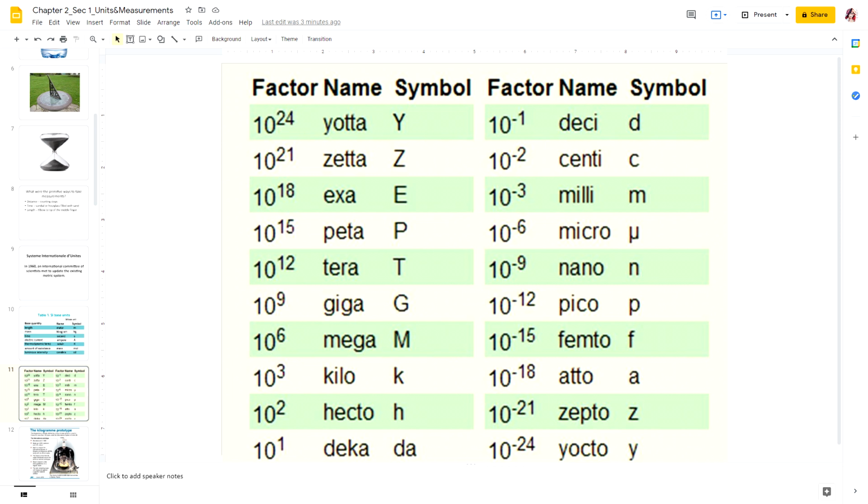So let's say, for example, 10 to the 24th would be yotta, capital Y, 10 to the 21st, zetta, Z, 10 to the 18th, exa, E, and so on and so forth. So that's arranged from the biggest to the smallest, yocto being the smallest, 10 to the negative 24th, with the symbol small letter y.